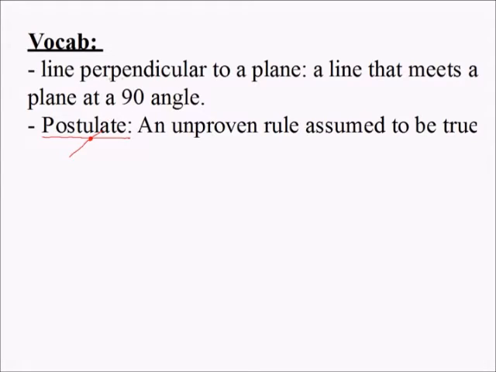Okay. The one that's really important here is line perpendicular to a plane. So a line that meets a plane at a 90-degree angle. Okay. It's in the name, line perpendicular to a plane. So if you have any plane, and let's see if we can draw a plane right here. If I have a flat surface, and I have a line that goes through this flat surface, well, if it meets at a 90-degree angle, let's go ahead and put our 90-degree indicator here.